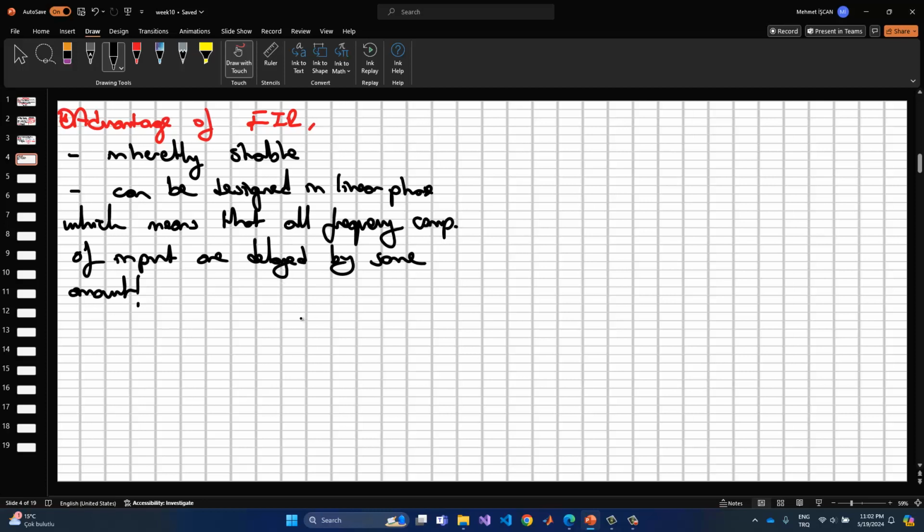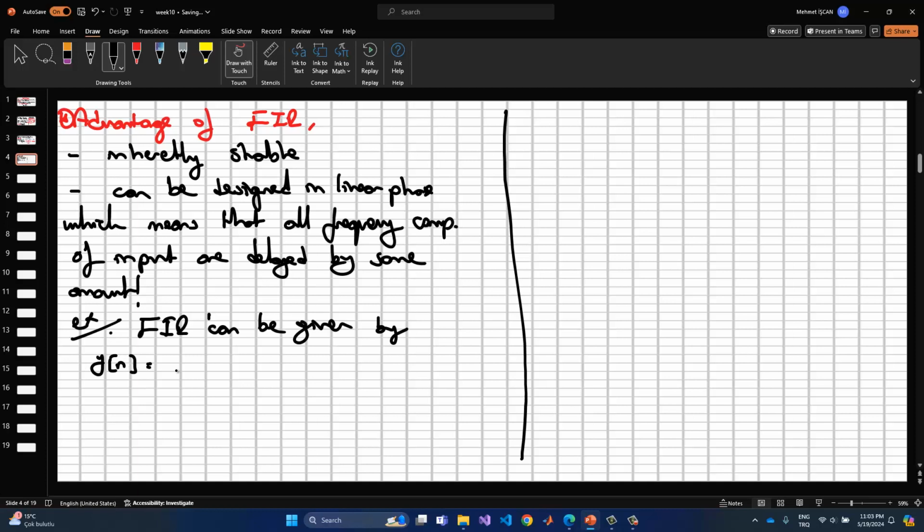For example, we can write an example of this. The FIR filter can be given by y(n) equals 0.5 x(n) plus 0.25 x(n minus 1) plus 0.25 x(n minus 2).